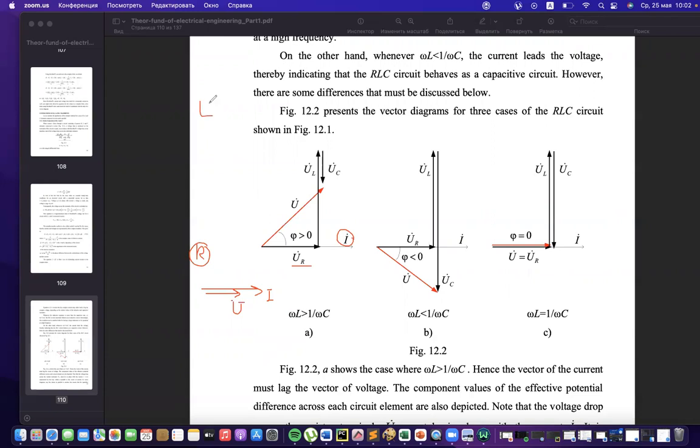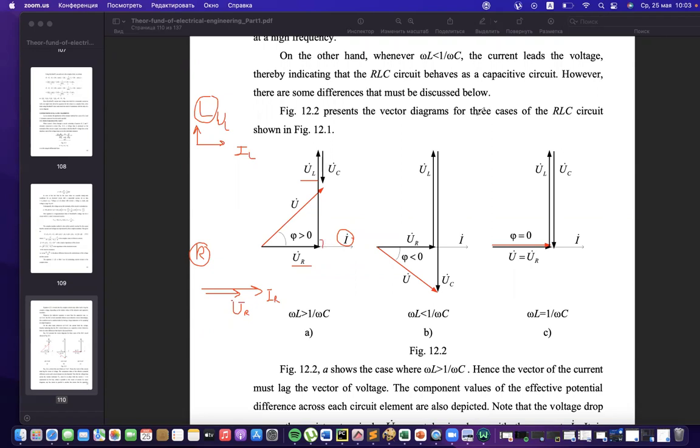For the coil, current and voltage make a 90 degrees angle. Also, we discussed it previously. Here it is, current and voltage at a 90 degrees angle.